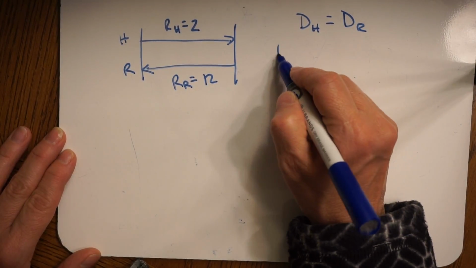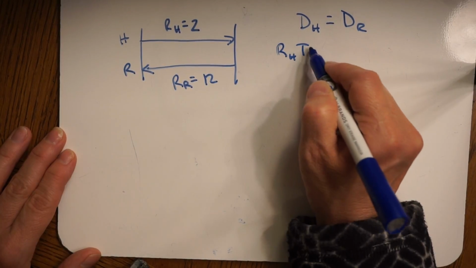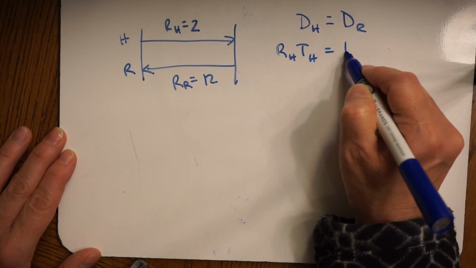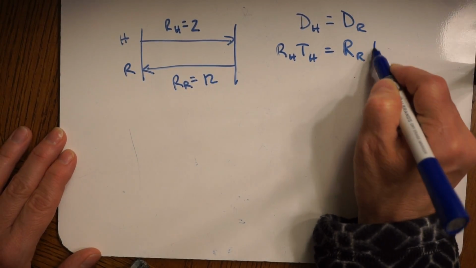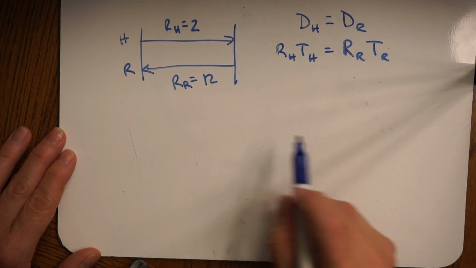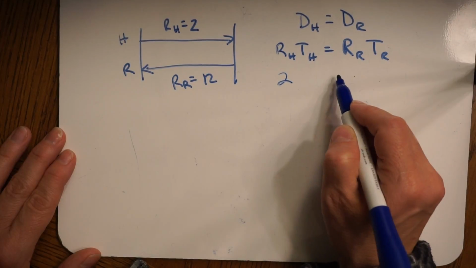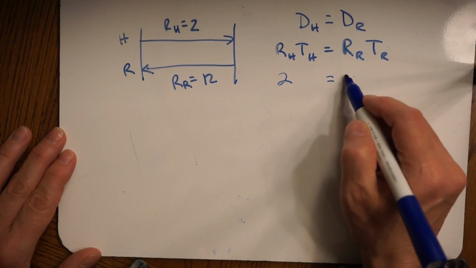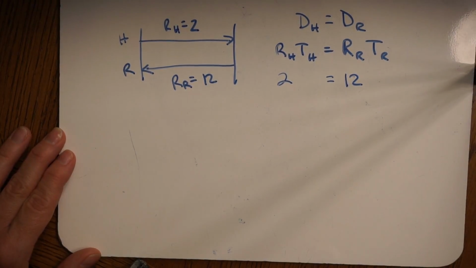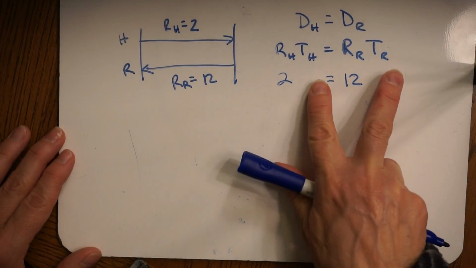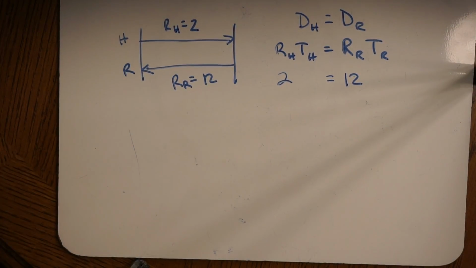Going to change distance to rate times time. Distance is equal to rate times time. We know that this is 2. We know that this is 12. And now we're going to read the rest of it to solve for one of these two.